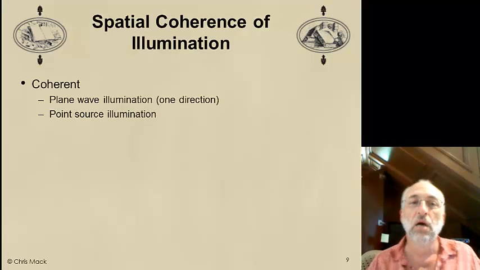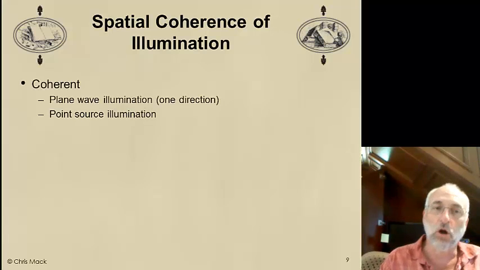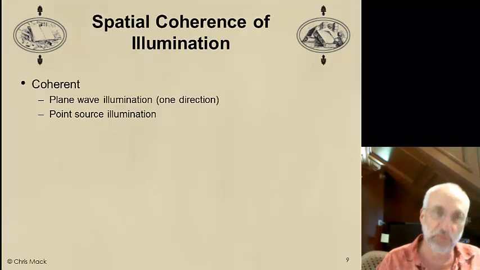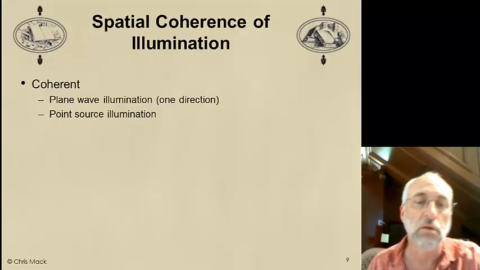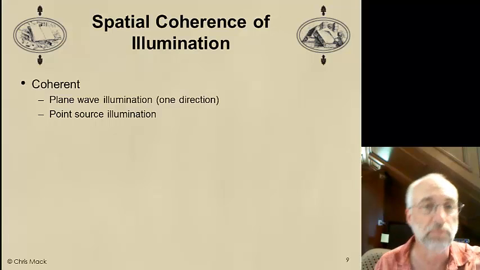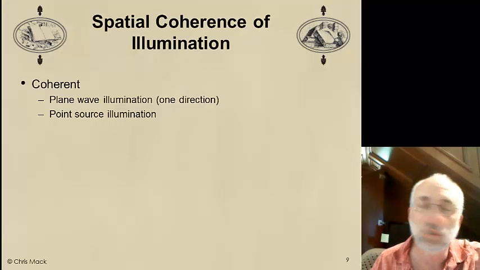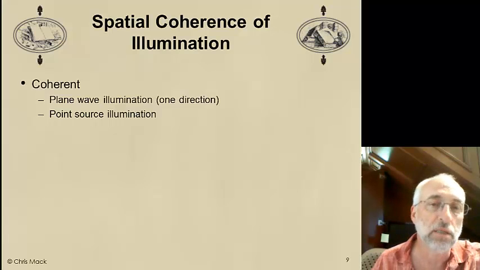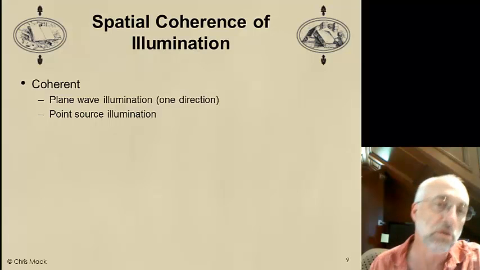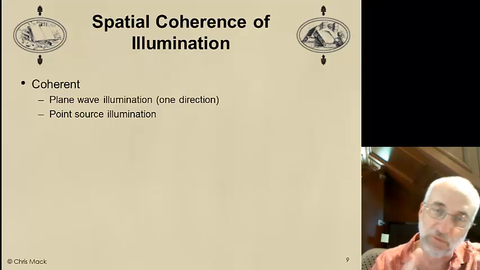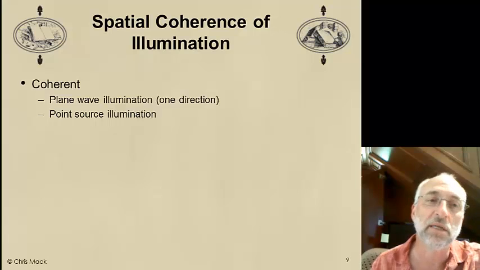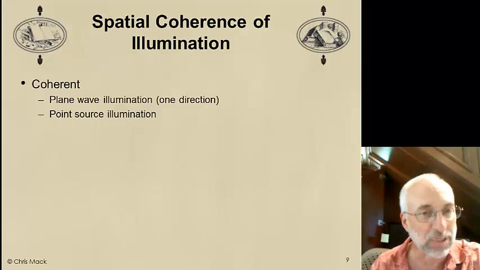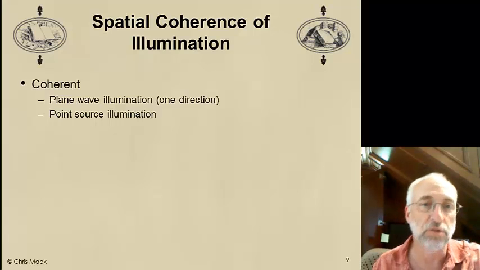So we can define a term called spatially coherent illumination, or as I said, we often just say coherent illumination. What does that mean? It means very simply light hits the mask from one direction only. If light hits the mask from one direction only, we say we have illuminated that mask with spatially coherent illumination.